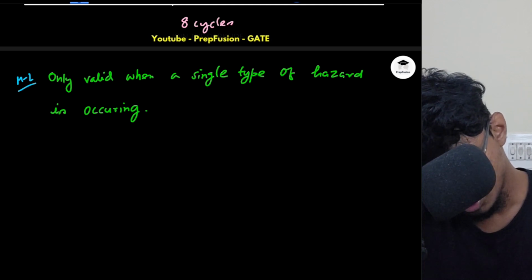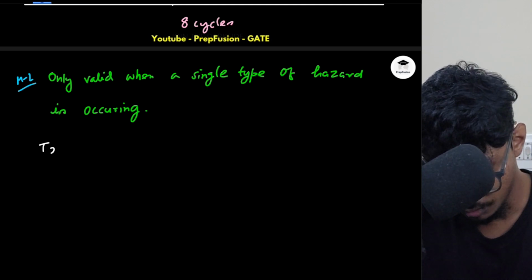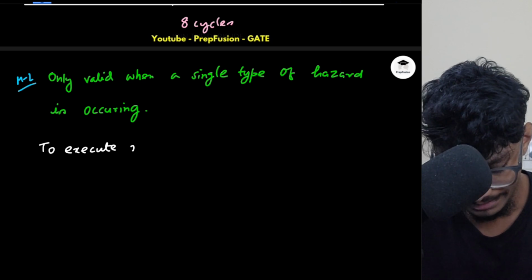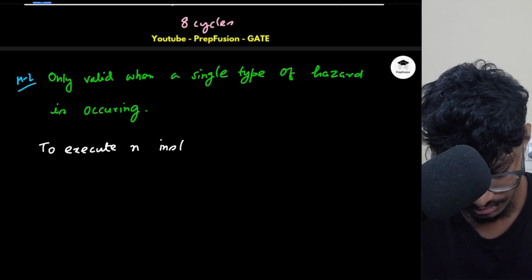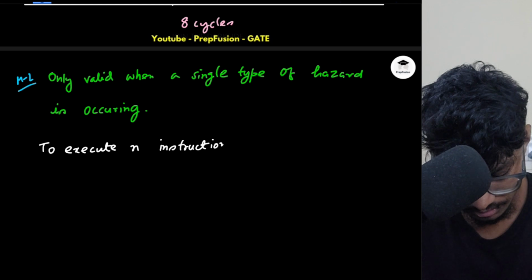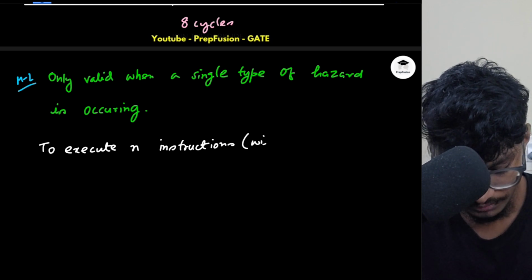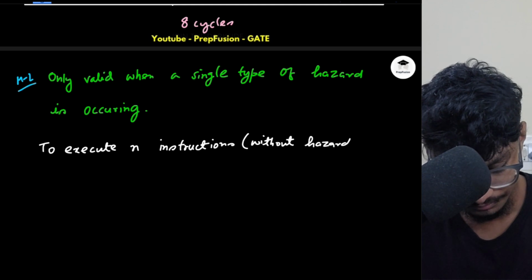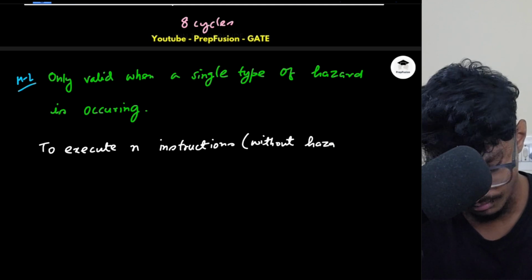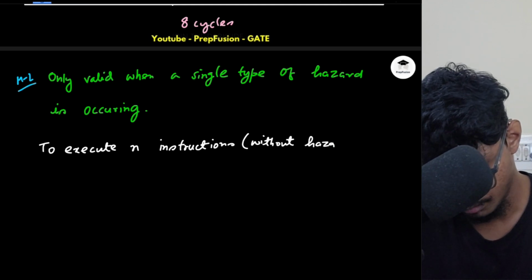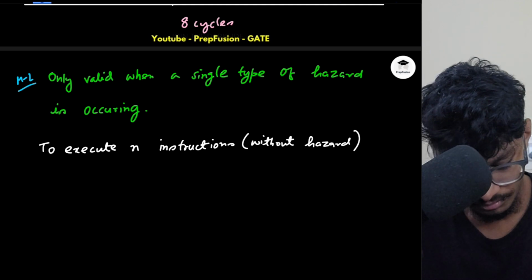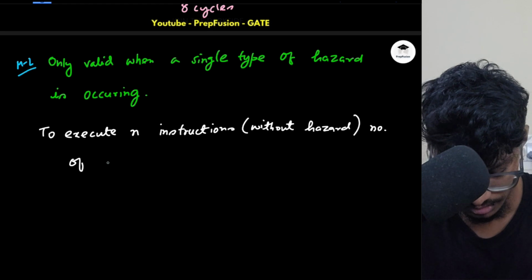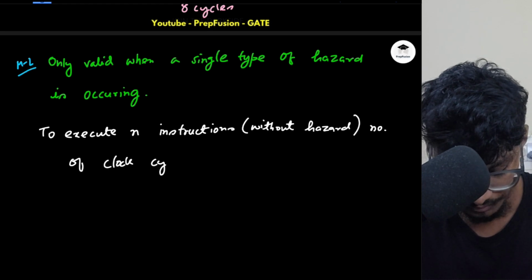What we know: to execute n instructions without hazard, what was the number of clock cycles?